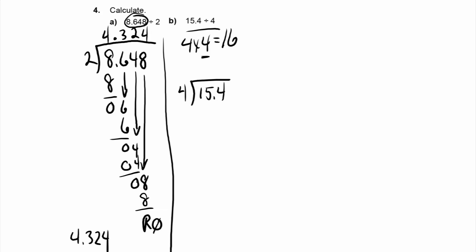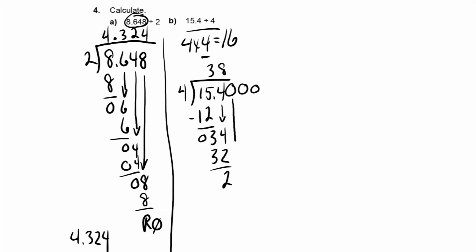So the number of 4's in 15, 3 4's are 12. 15 minus 12 is 3. Bring down the 4. 8 4's are 32. 2 remainder. Now I've got another 0. I can always just keep adding as many zeros as I need, so I can bring down the 0.